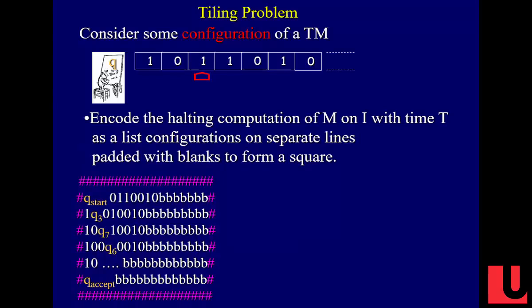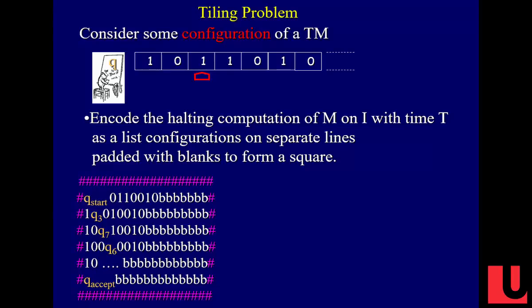So if the Turing machine halts, then you can write down, see the first line tells you what the Turing machine looks like at time 1. Tells you you're in the start state, the head's at the top, and the input is on the tape, right? And then time 2, time 3, until you get an accepting line at the bottom, right?